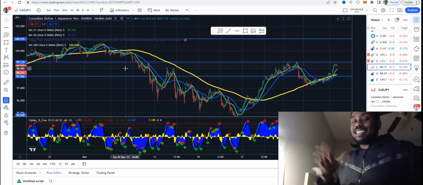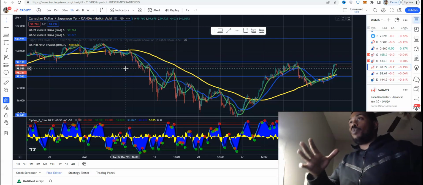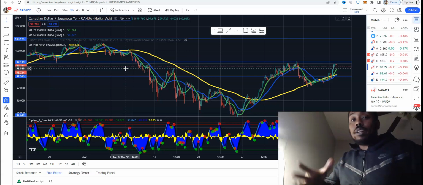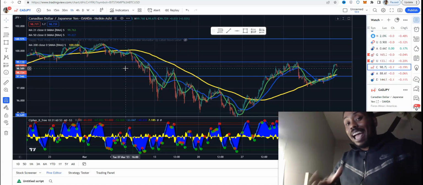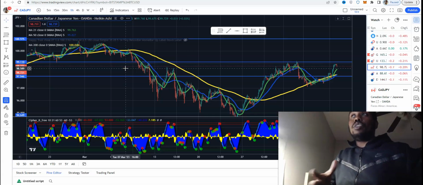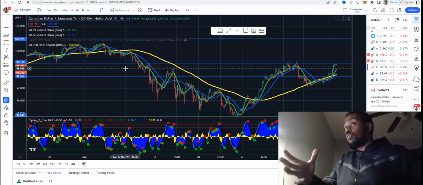So it's the same vice versa. If we're trading below the 200 moving average and my 21 and my 50 are below the 200, I am going to be looking at the market and saying, hey, at what point can I find an entry in the market for me to take shorts?